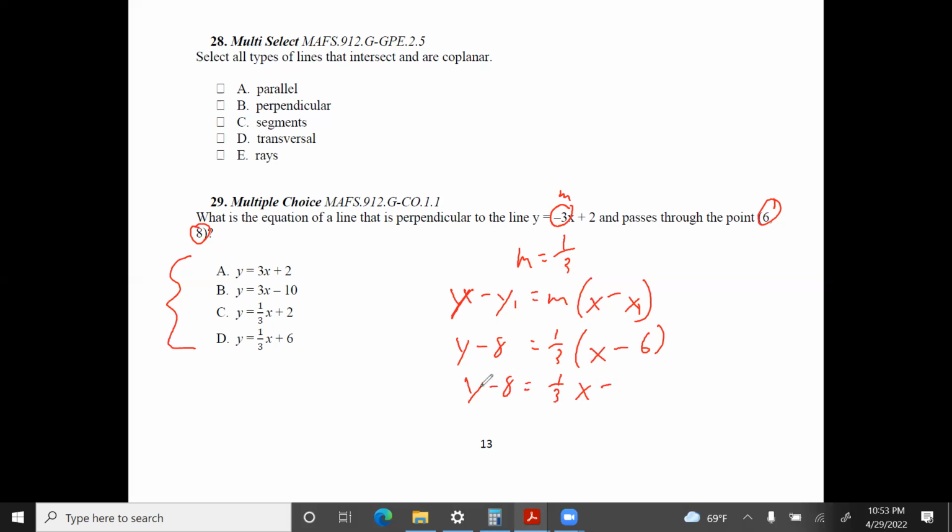All right, so we have y minus 8 is equal to 1/3. I'm distributing here, 1/3 x minus 2. Bring the negative 8 over to the other side by adding it. So B is the correct answer.